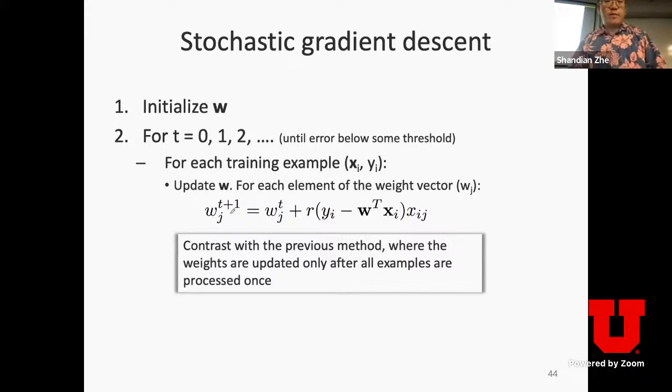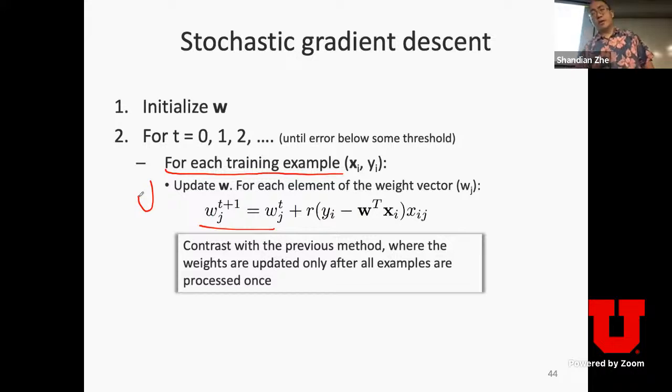This is different from batch gradient descent, or standard gradient descent, in that batch gradient descent requires us to go over all the training examples in the data set, finish calculating the gradient vector, and then do the update. For stochastic gradient descent, whenever we have processed one example, we update our model. Suppose you have 100 examples: going through this procedure, you update the model 100 times when you pass the data set once.